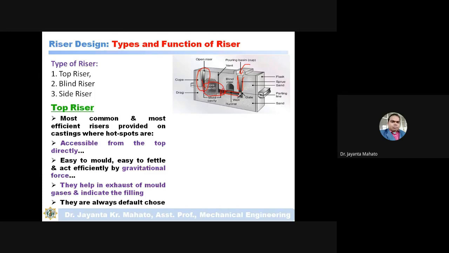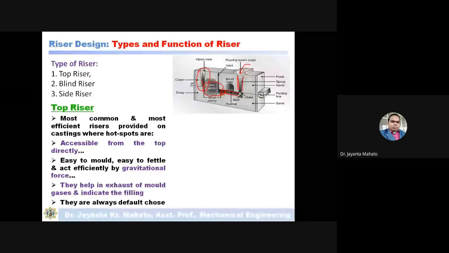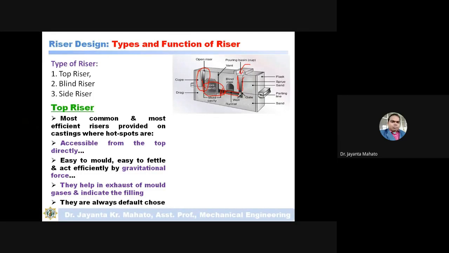Okay. So in case of a top riser, the excess hot material can be accessed from the top directly.